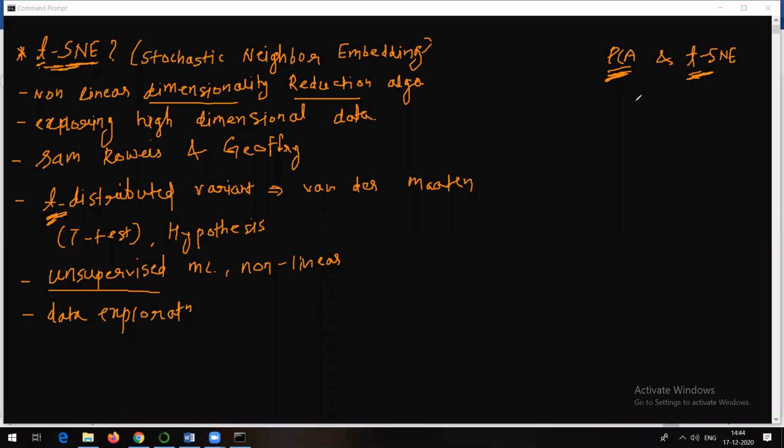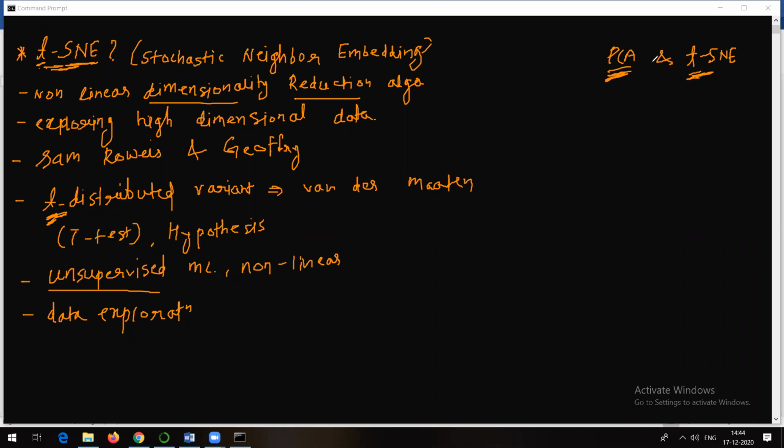One of the major differences between PCA and t-SNE is that PCA preserves only large pairwise distances, considering the maximum variance, whereas t-SNE preserves only local similarities. That is a basic difference. And in terms of working or implementation also, PCA and t-SNE are going to differ.